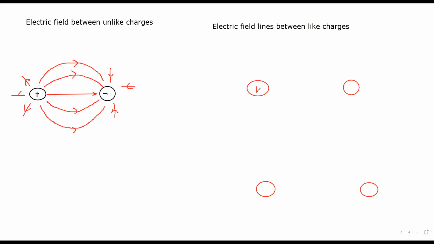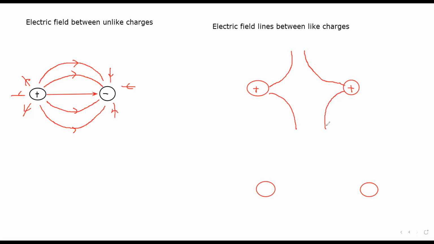As they try to cancel out the electric fields of each other, how do we represent the pattern of electric field when they cancel out the effect of each other? So between them, there are no field lines.